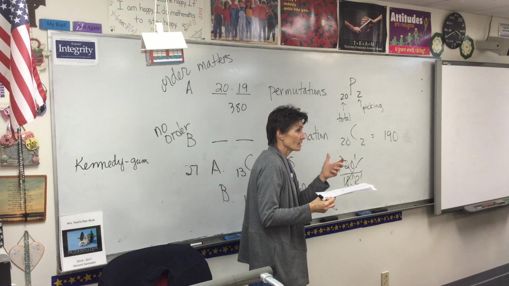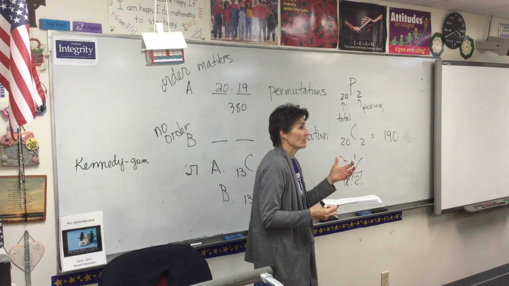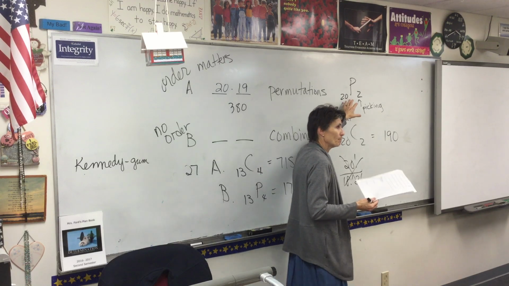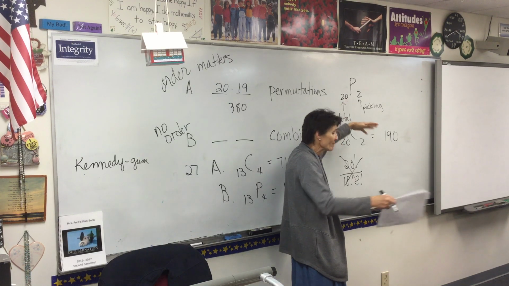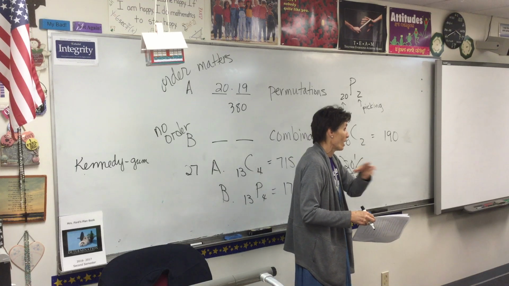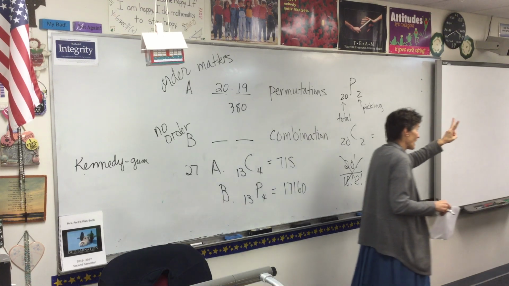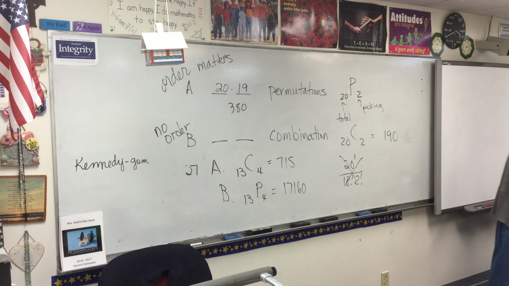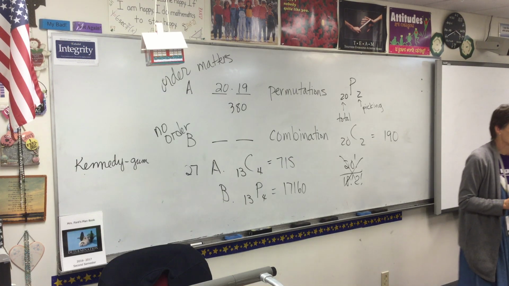Got it? The second new thing we learned is when we have a group of people or objects, and we have a group that we are picking from, there are 2 ways we can do that. We can pick with order, or we can pick with no order.